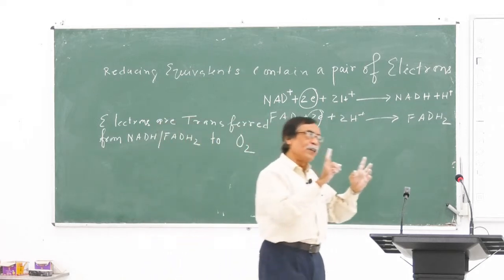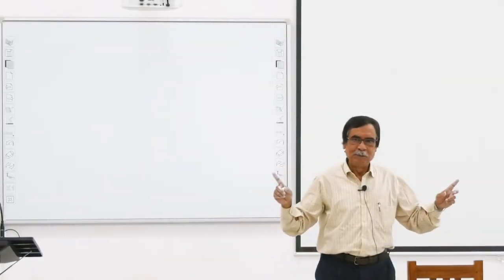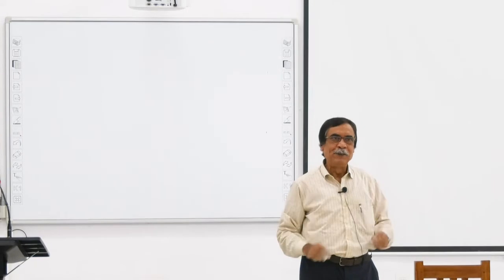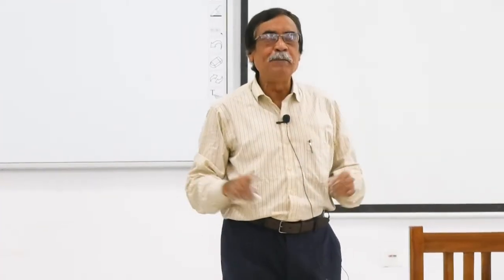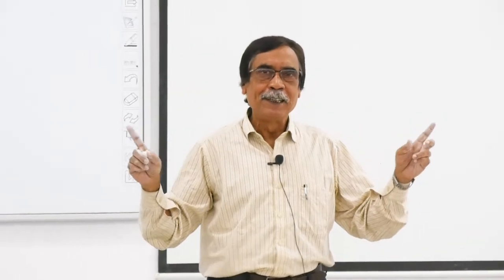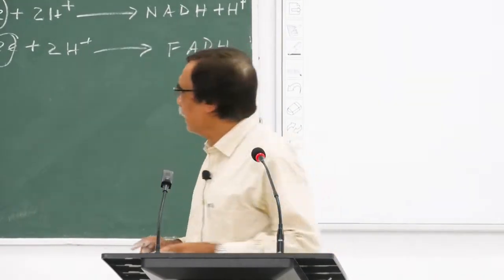Between the initial donor of the electron and the final acceptor of the electron, that is oxygen, there are many components. In between these there is a component known as the electron transport chain.